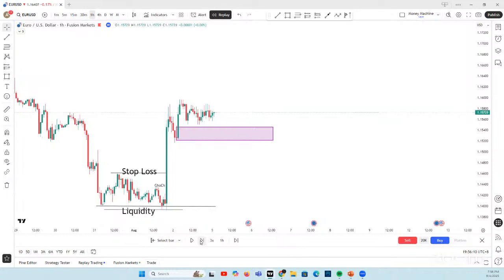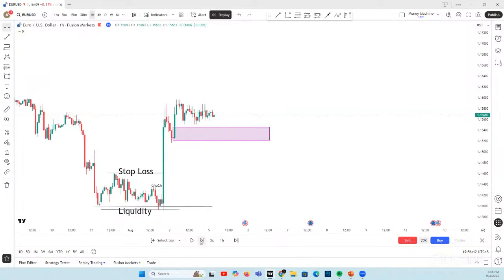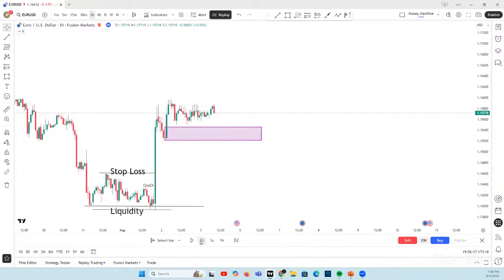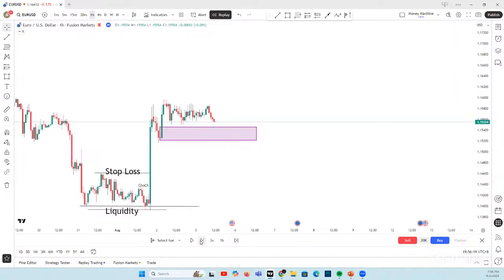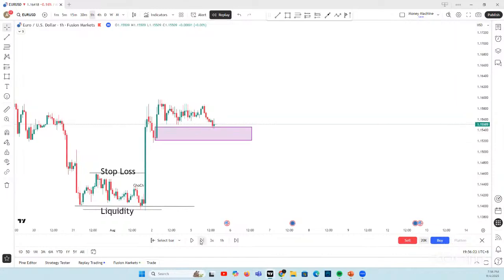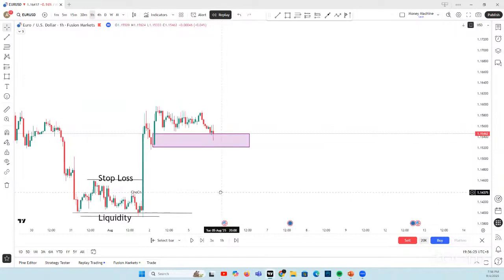Going sideways, you see, indecision. Neither the buyers nor the sellers are winning here, because anytime now, it should tap this order block. Okay, it started there.